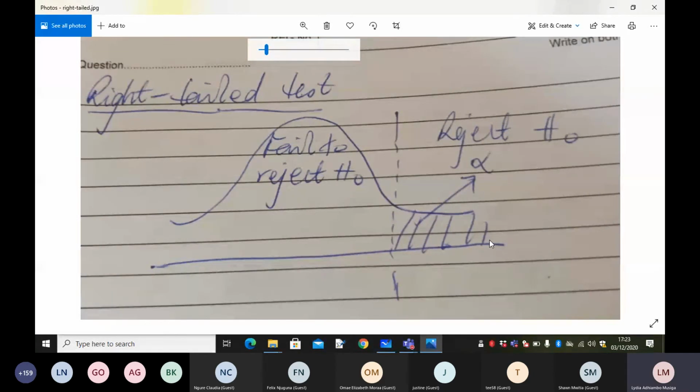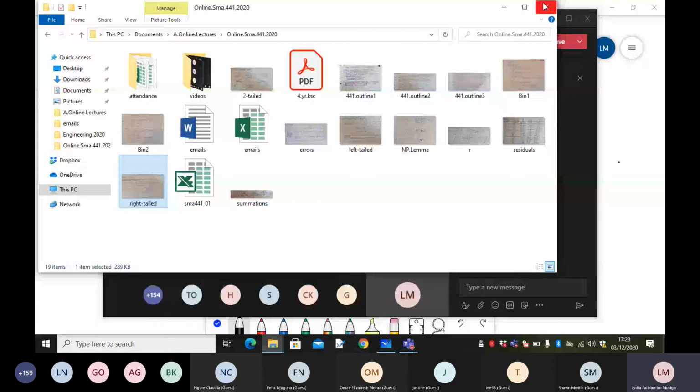So when we shall be doing our calculations, we shall be drawing these regions so that we try to understand the question better before we make a decision.